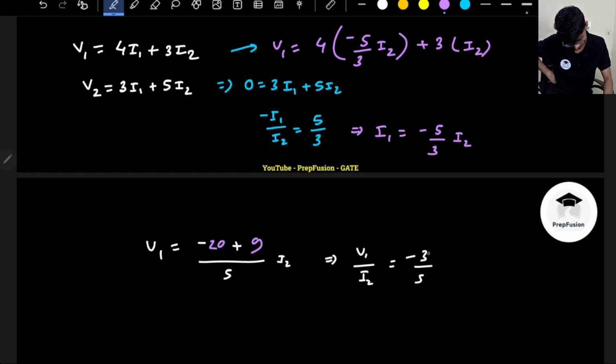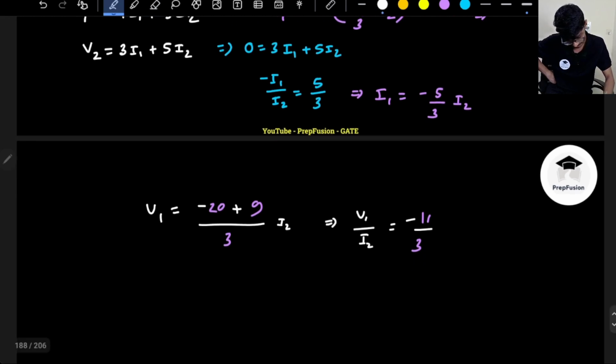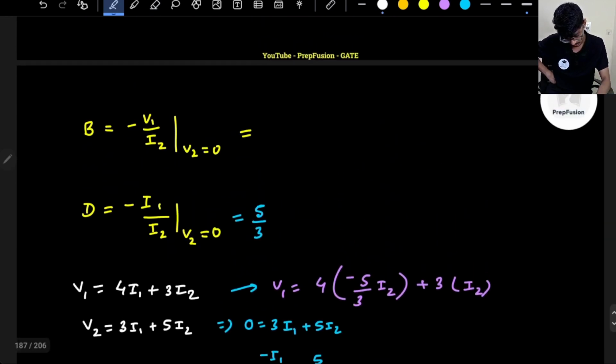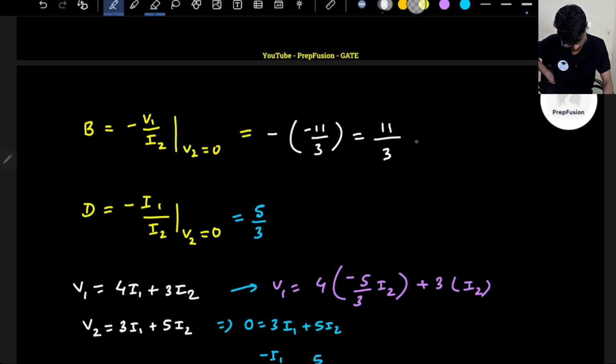So this will be minus 11 by 3. Okay. But I have to write minus of V1 by I2 because there is a negative sign here. So minus of minus 11 by 3 will be 11 by 3. Okay, so this will be ohms. So this will be your answer.